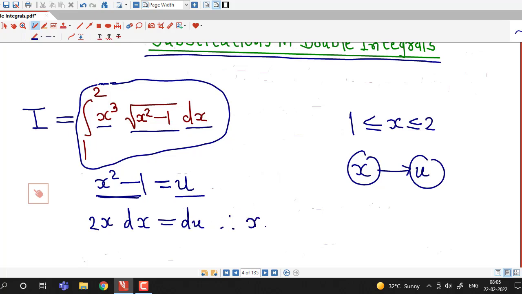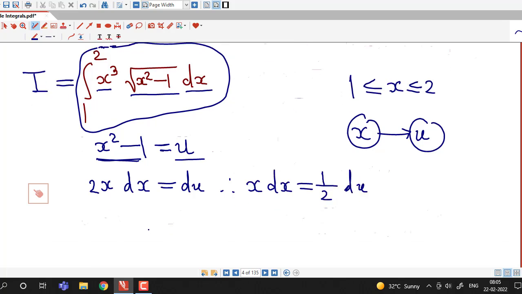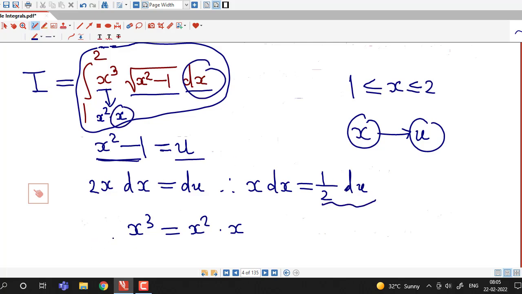Therefore x dx equals 1/2 times du. Here x cube can be rewritten as x square into x. So we split this into two parts, x square and x dx, where x dx will be replaced by 1/2 into du.